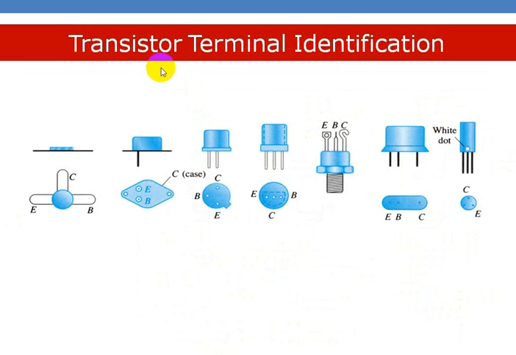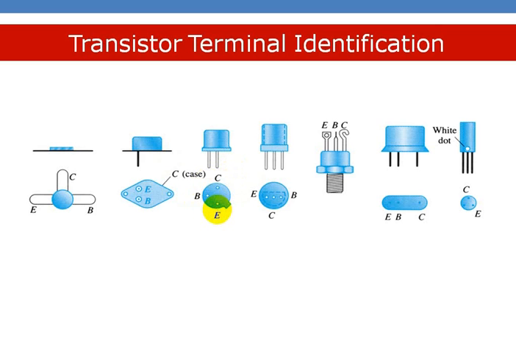Coming to the transistor terminal identification, the transistors are available in different packages. For example, you take this metal can package. There is a projection here. The terminal which is nearer to this projection is called emitter.